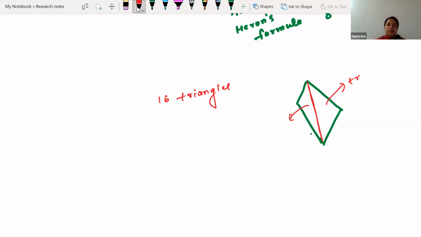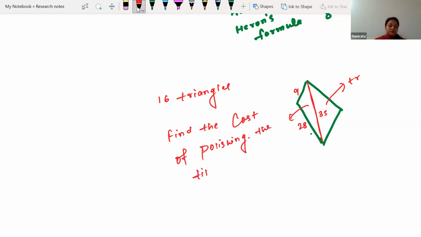Sides of the triangle are given as 9, 28, 35. It's asking to find the cost of polishing the tiles at a rate of 50 paise per centimeter square.